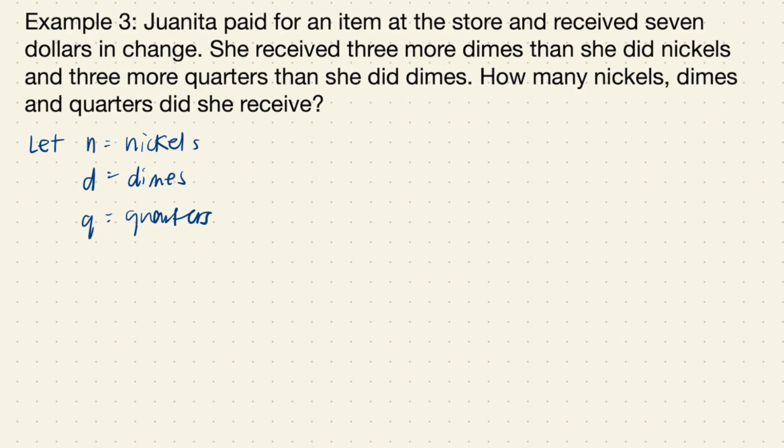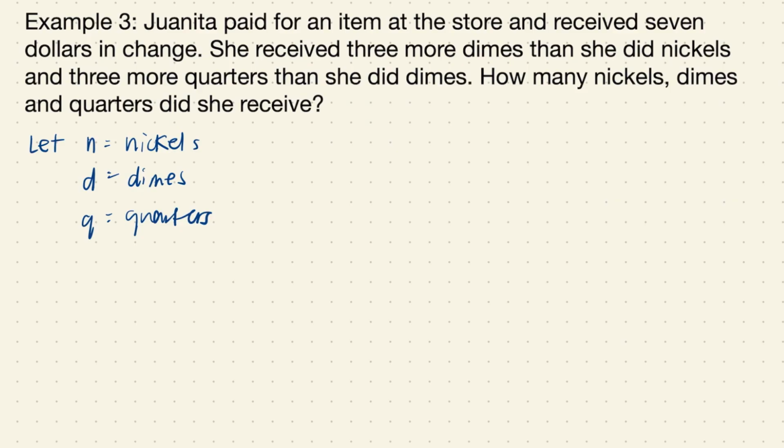So let's translate the relationships mentioned in the problem. We received $7 in change. Okay, so that's defined. The total change is 7. She received 3 more dimes than she did nickels.